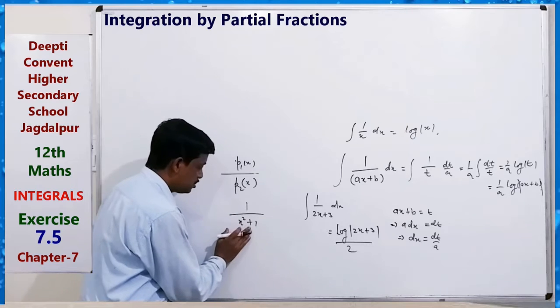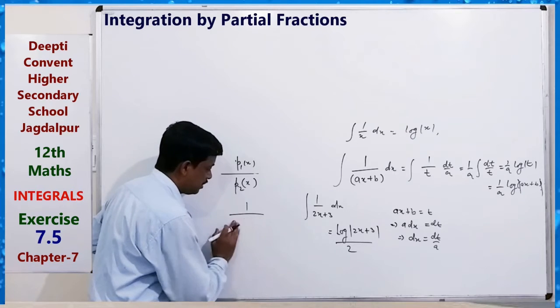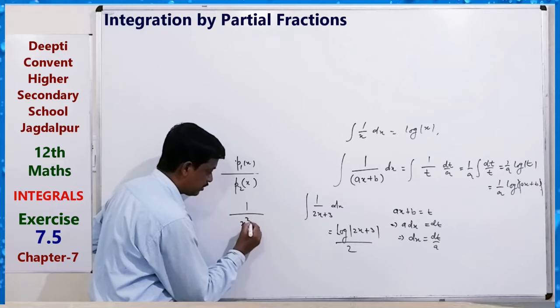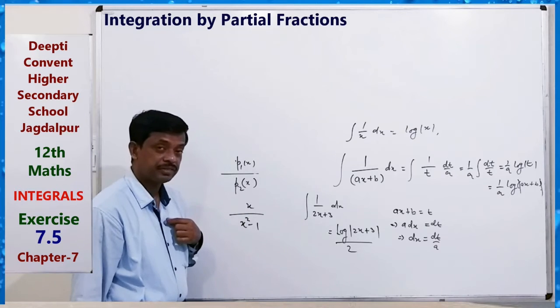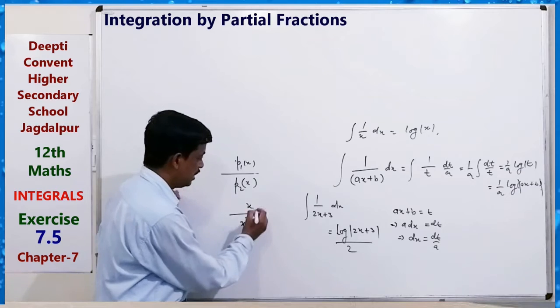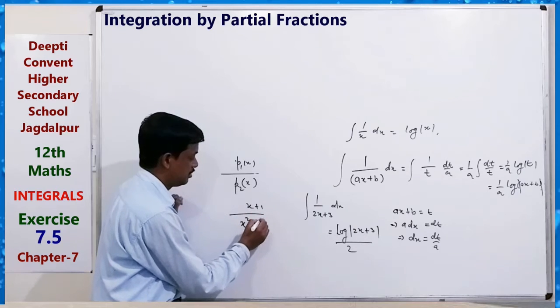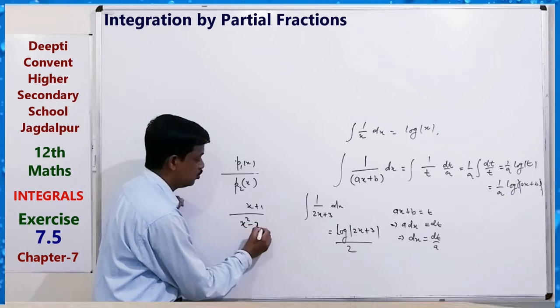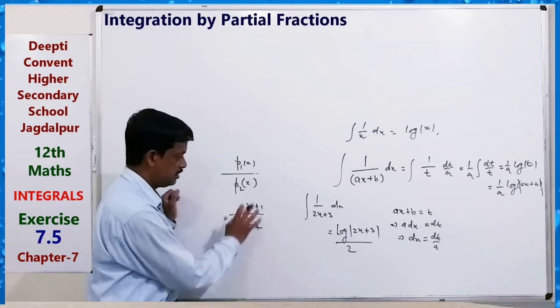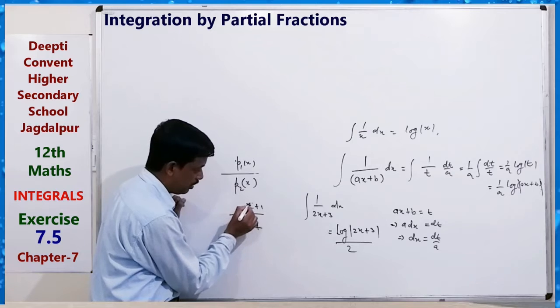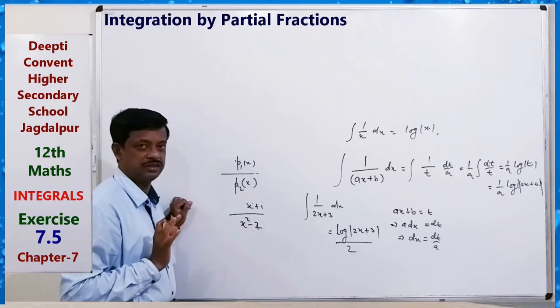But suppose we have a fraction like x plus 1 upon a second degree factor, x square minus 2. This is degree 1 over degree 2, a proper fraction.